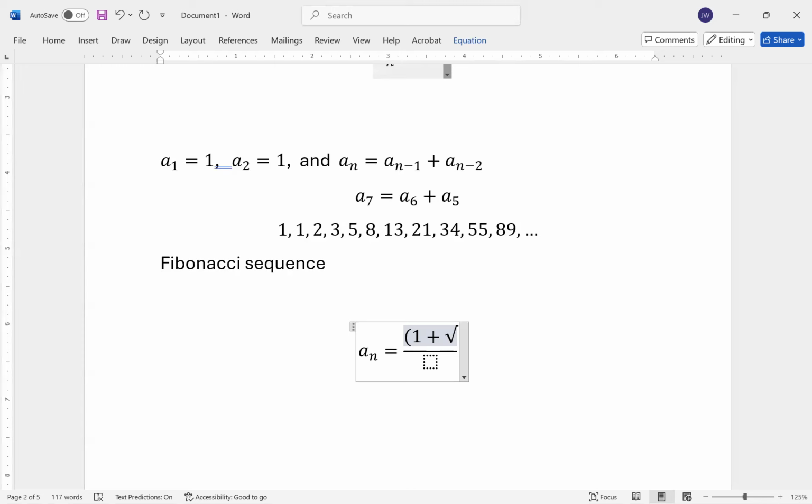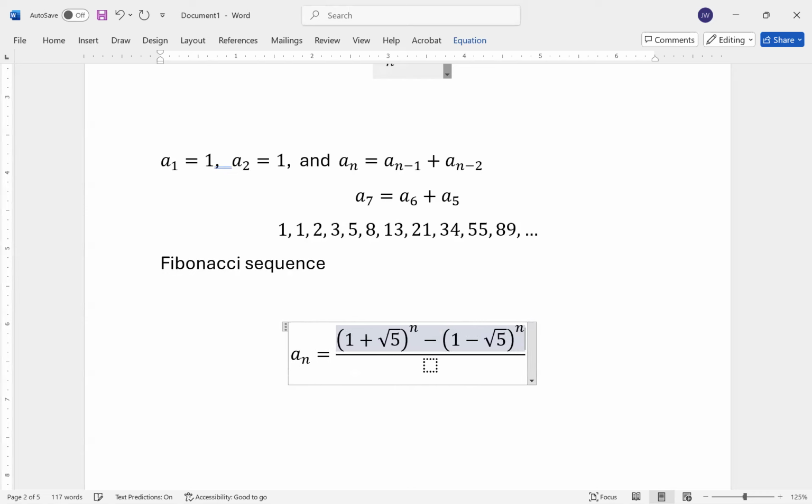It turns out it's 1 plus the square root of 5, all raised to the nth power, minus 1 minus the square root of 5, all raised to the nth power, divided by 2 to the nth power, multiplied by the square root of 5.